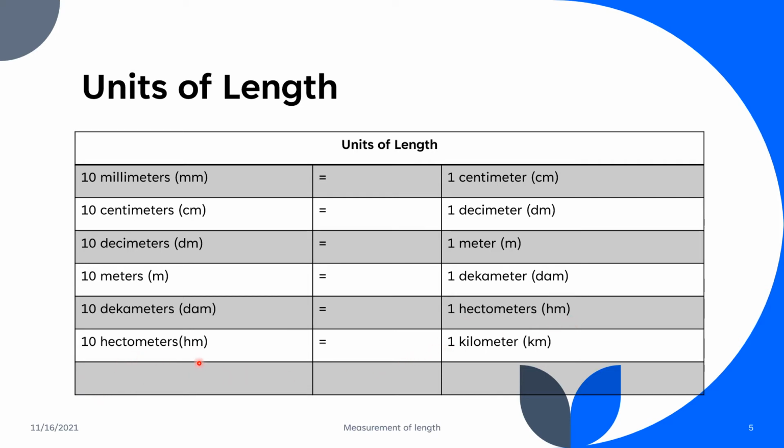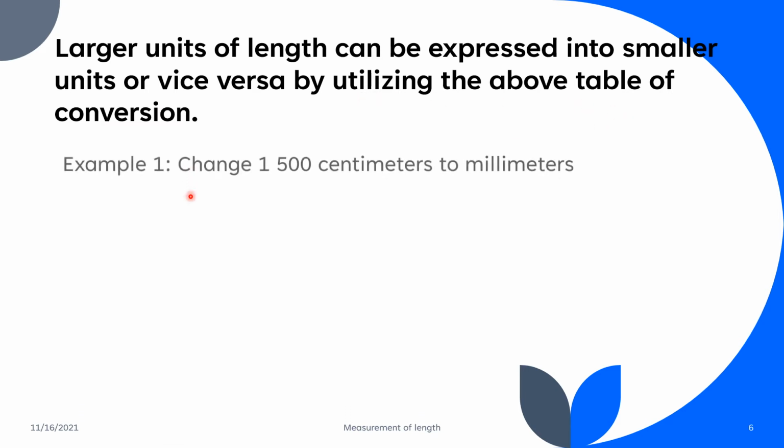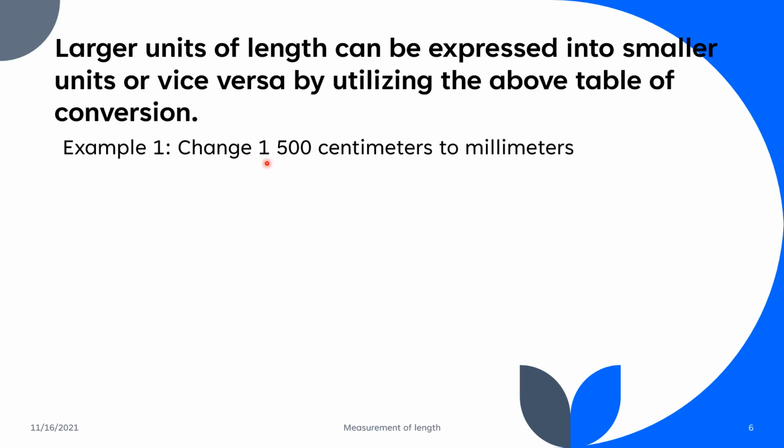And 10 hectometers is equal to 1 kilometer. Larger units of length can be expressed in smaller units or vice versa by utilizing the above table of conversion.